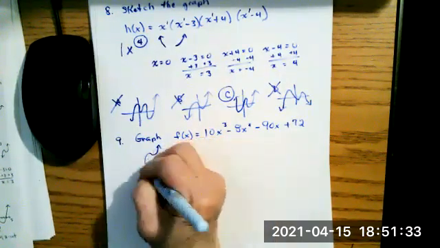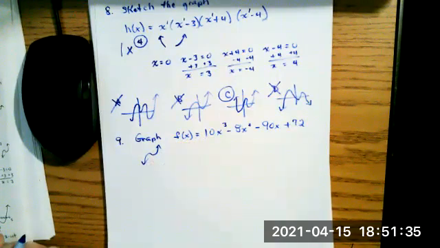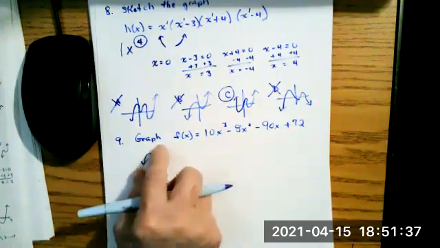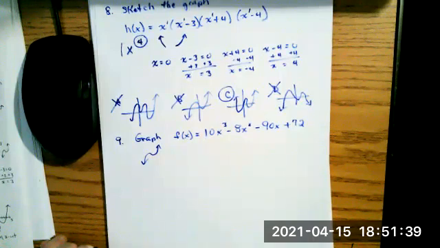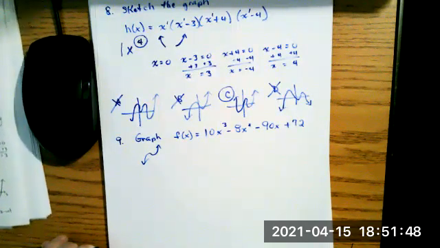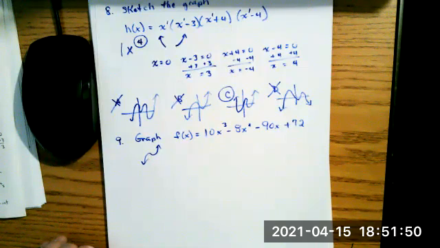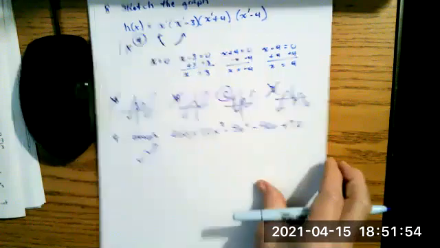The ends are certainly going to be one up and one down. So let's see what we could do. There's a couple that we might have to choose from.